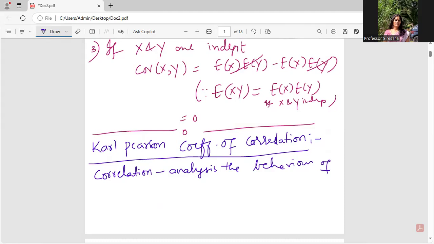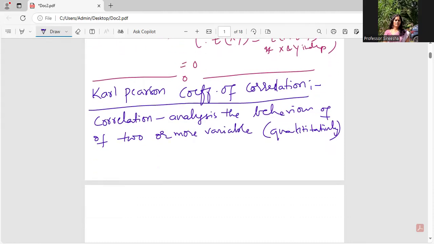Analyzes means it analyzes the quantitative relationship. Quantitatively, it gives some number. Analyzes the behavior of two or more variables. I'll just say quantitatively, not qualitatively. Good, better, best, not like that. Quantitatively. Okay. That's what correlation is.